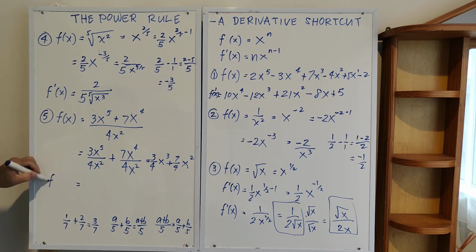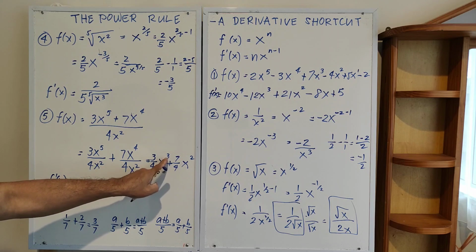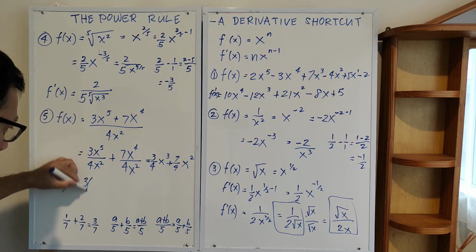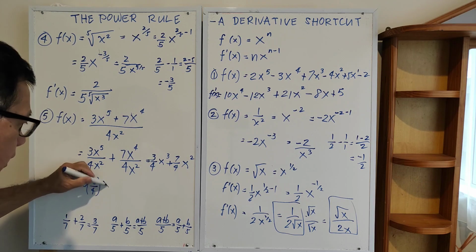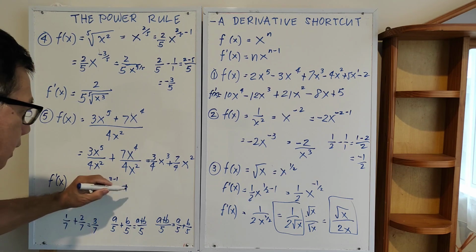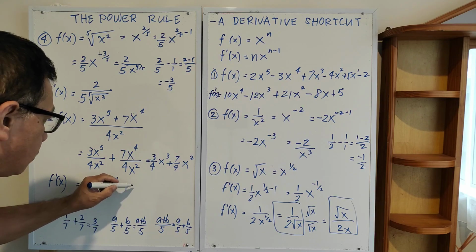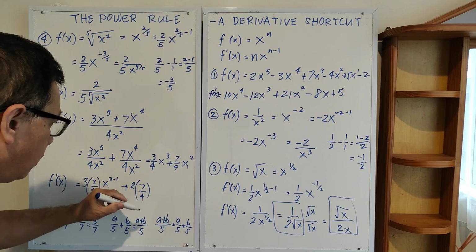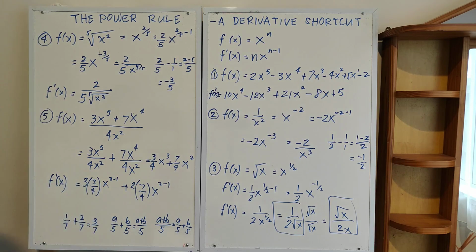Now we solve for the derivative. So the 3 goes in front of 3/4, so 3 times 3/4 x to the 3 minus 1 plus, so 2 goes in front of 7 over 4, so 2 times 7 over 4 x to the 2 minus 1.